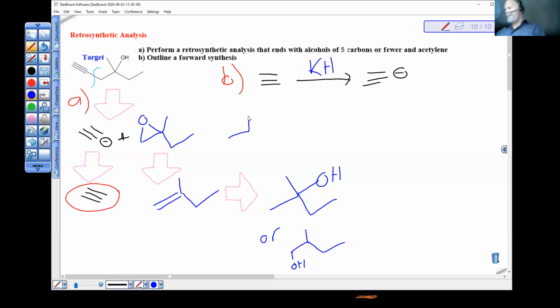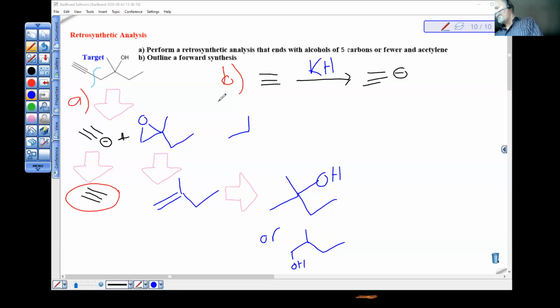There's a good argument to say that that actually isn't a great choice. After I think about it a little bit, if you dehydrate this, you'll probably make more of the alkene here, which is more substituted, than the alkene here, which is less substituted. So that's that. I'm going to change my mind. I'm allowed. This could only give that alkene right there. You can't go in two directions from here. There's only one way to go.